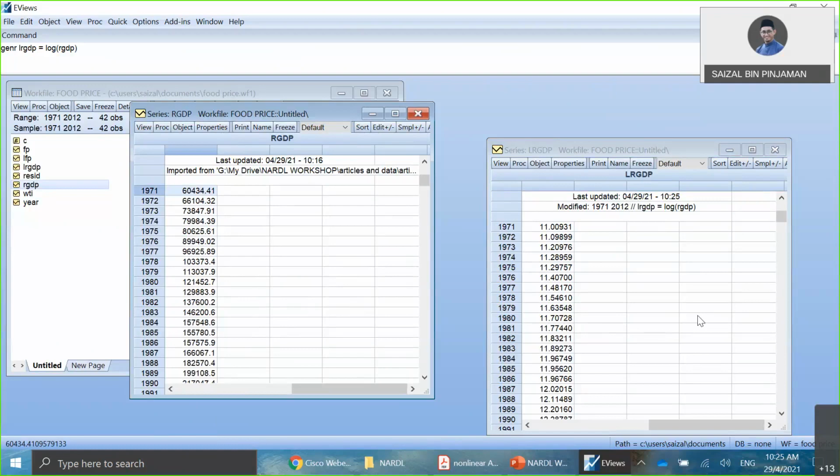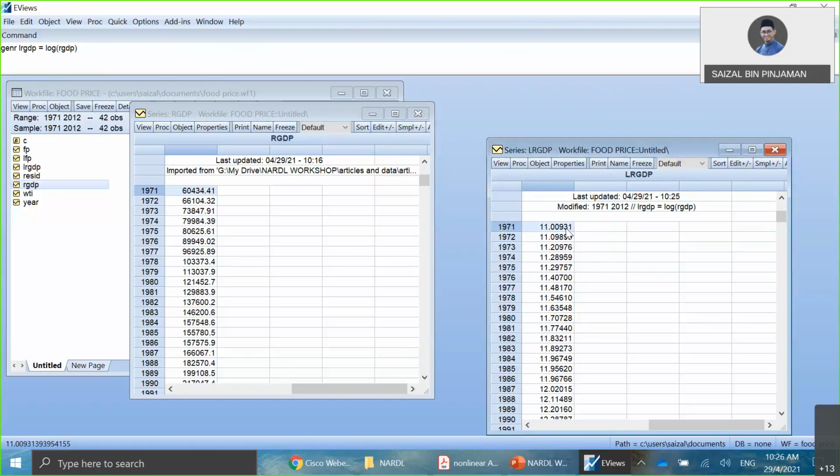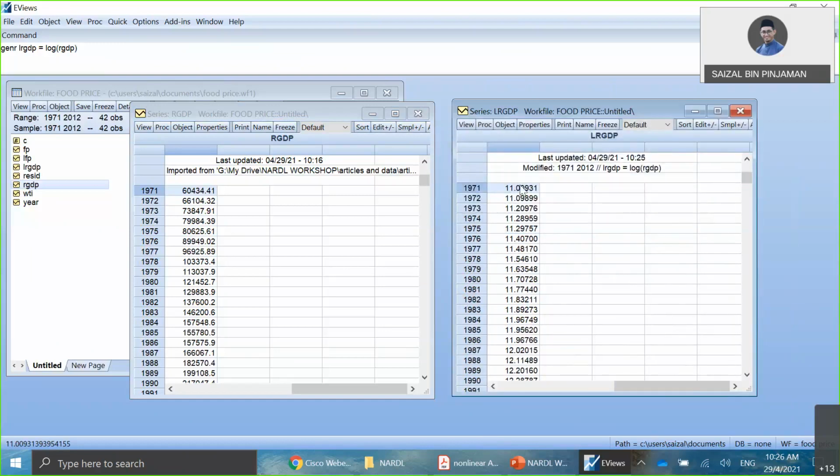Okay, so based on my calculation using the scientific calculator, this is the log transformation in natural log. This LRGDP is the natural log transformation of the real gross domestic product.